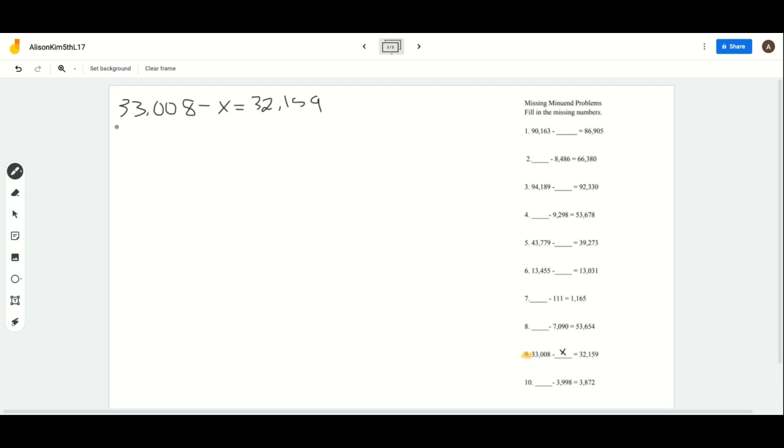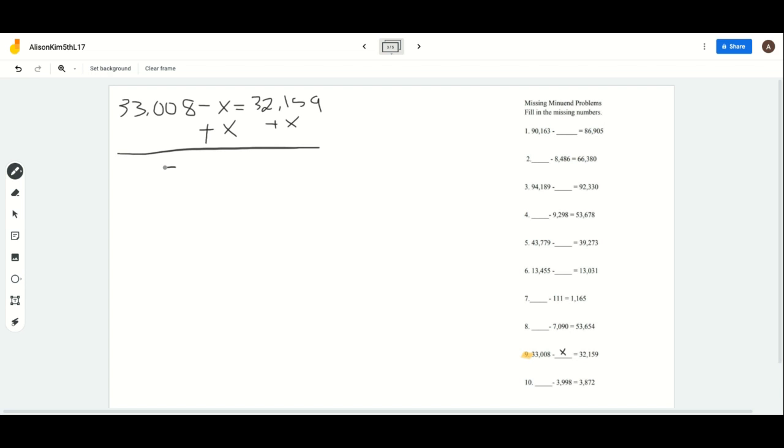Now we're going to get just x by itself. Since we want the largest number to be positive, we're just going to add x to both sides.